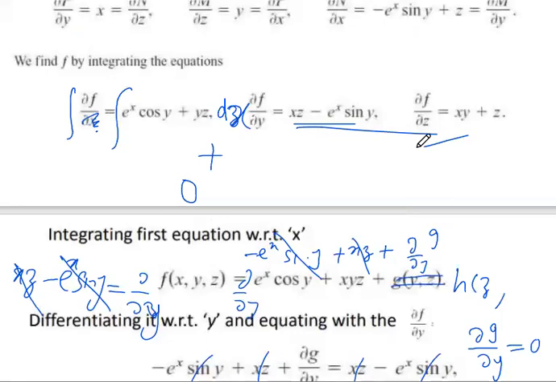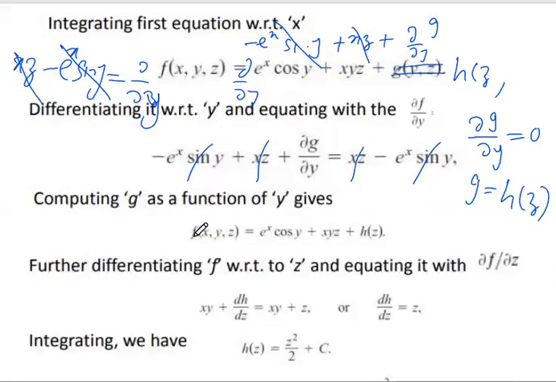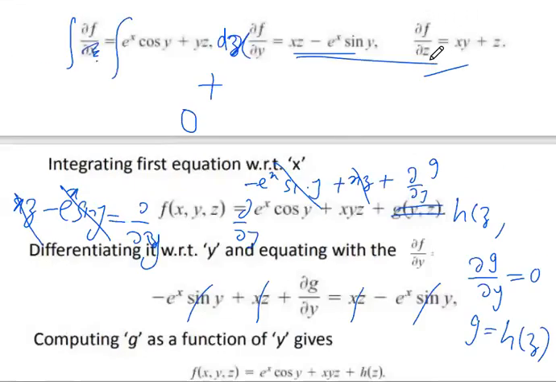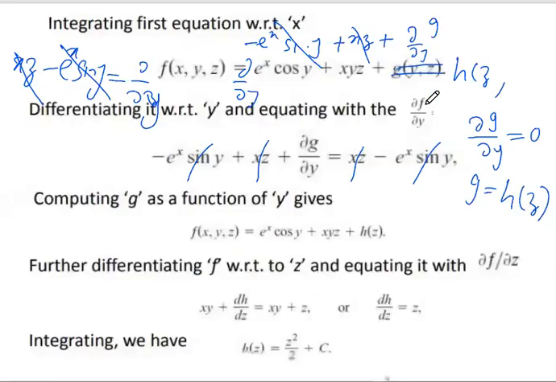And we can use this one. We can partially differentiate f with respect to z. Let's do this, partially with respect to z, both sides. This becomes 0. This becomes x y. This becomes h prime.